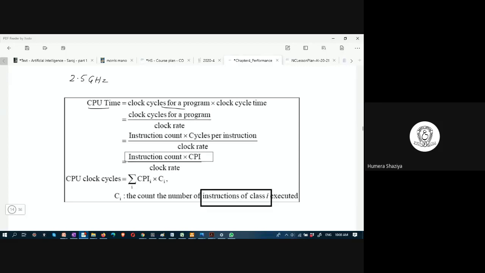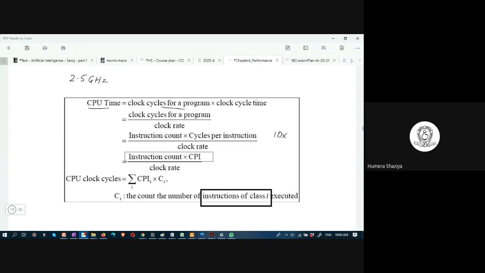What is the clock cycle time and how many clock cycles are required for the program, which is equal to clock cycles for a program over clock rate. Clock rate means the rate of the CPU. Instruction count into cycles per instruction by clock rate, which evaluates to this. Instruction count, if suppose there are 10 instructions.